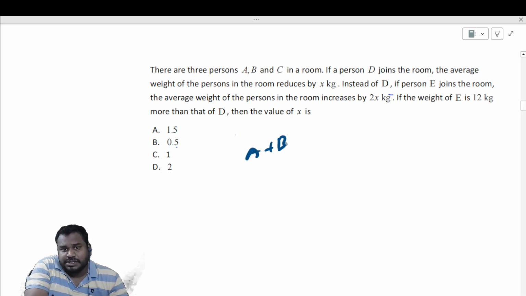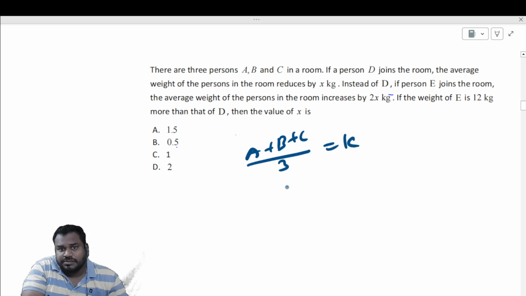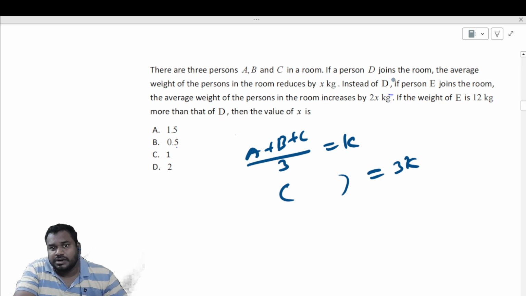So A plus B plus C by 3 is equal to some K. So from this, A plus B plus C is equal to 3K. Now, when D joins the room, the average weight of the persons, I'll assume it as T3. The average weight of the persons in the room reduces by X kg.